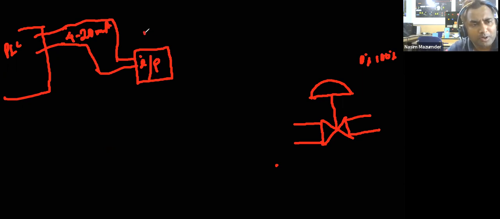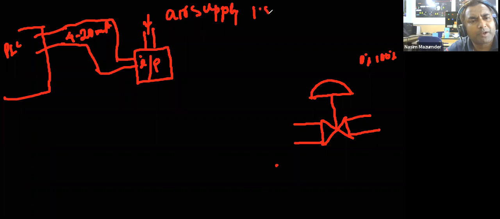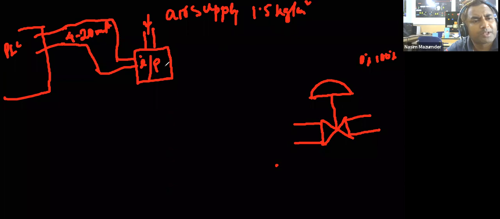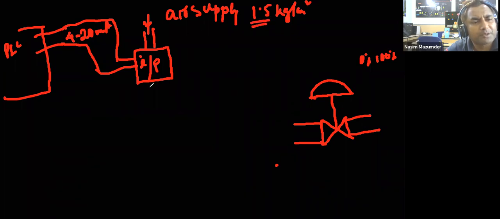Now to convert this current signal into pneumatic, what do I have to do? I have to give an air supply here. This supply pressure will be 1.5 kg per centimeter square. And this 1.5 kg per centimeter square will be converted into your 3 to 15 psi, or we can say 0.2 to 1 kg per centimeter square.